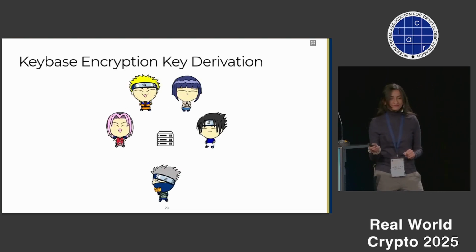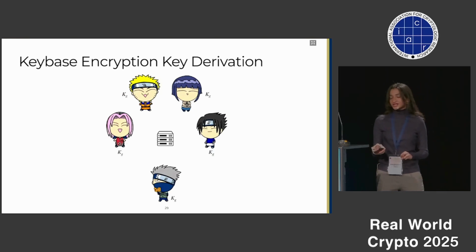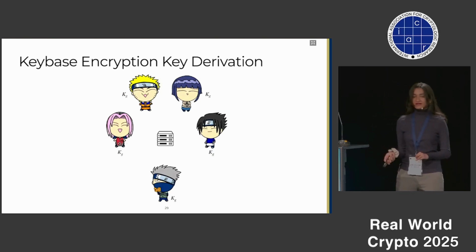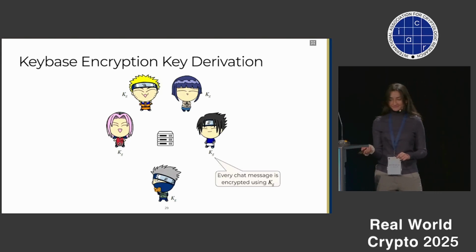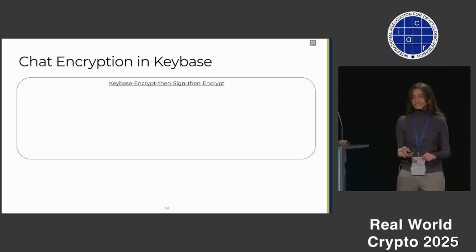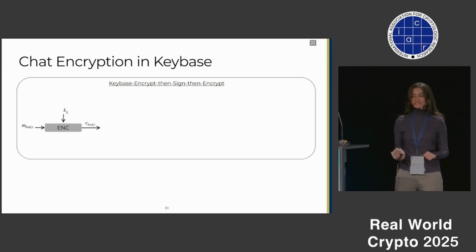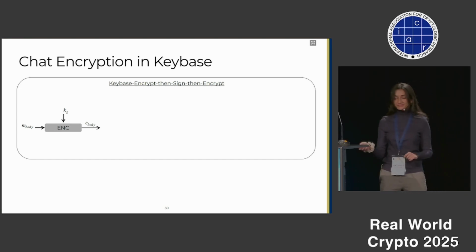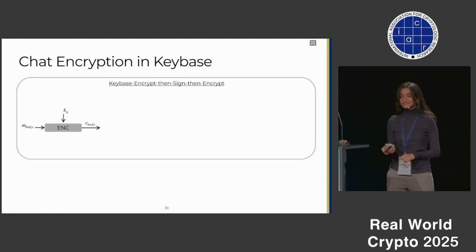In Keybase, members of a group establish a shared symmetric key. Thereafter, every message sent on the group is encrypted using this key. To encrypt chat messages, Keybase uses an encrypt, then sign, then encrypt construction, where it first encrypts the message body under the symmetric group key to produce the body ciphertext.